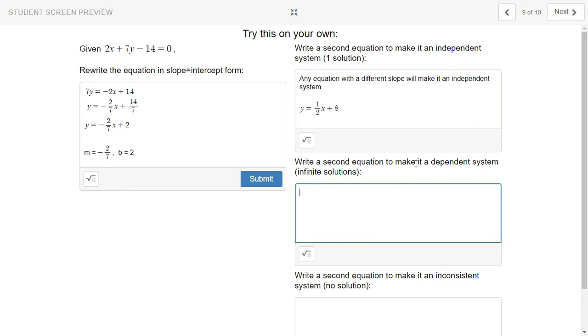Okay, write a second equation to make it a dependent system with infinitely many solutions. The only way for us to have infinitely many solutions is if we have exactly the same line, because then the two lines are touching at every single point on the line.